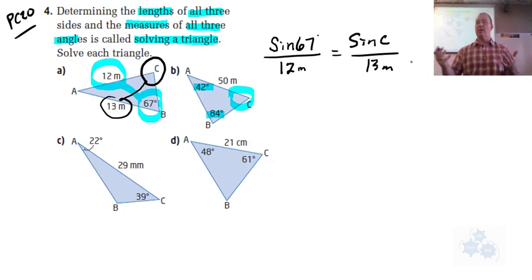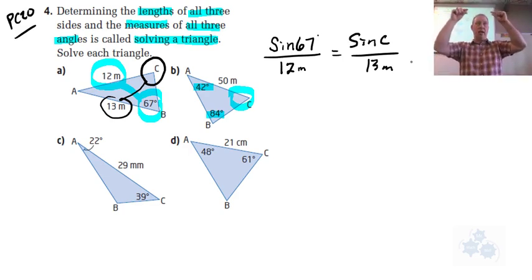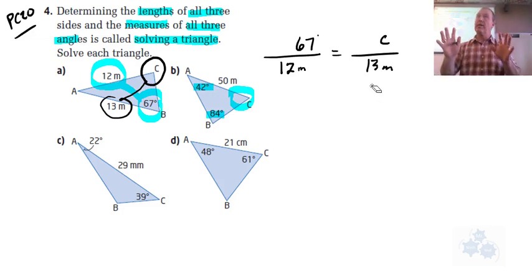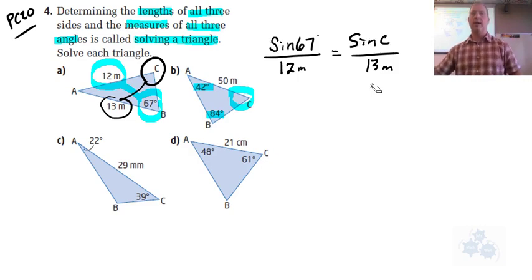This is the sine law. You can have the length on top, or you can have the sine of the angle on top. Don't do this though, guys. Don't say 67 over 12 equals C over 13. It's got to be the sine ratio. So we'll put that back there, okay?